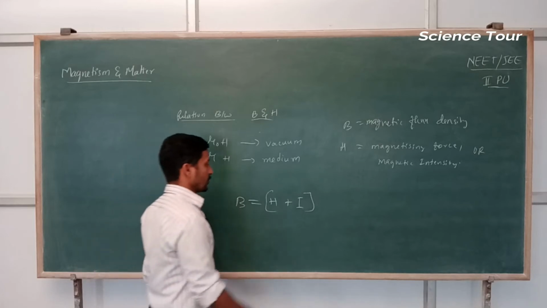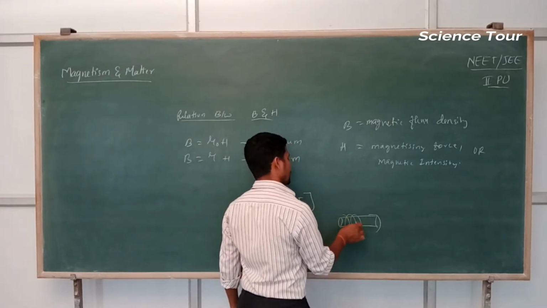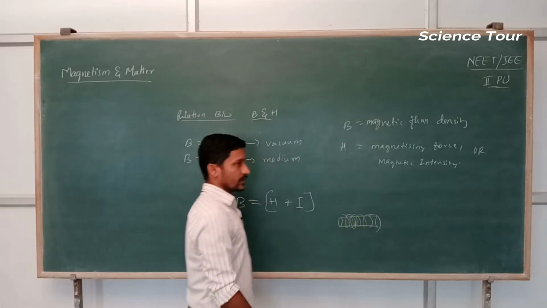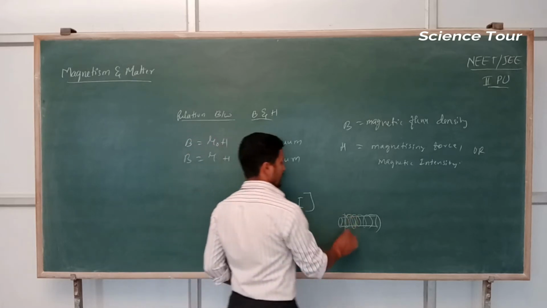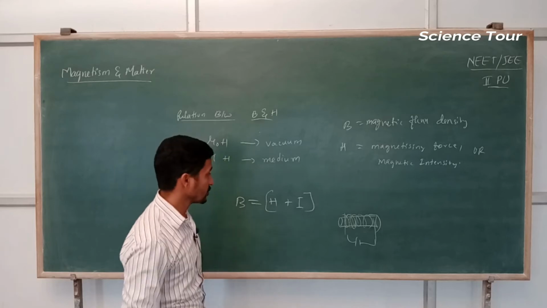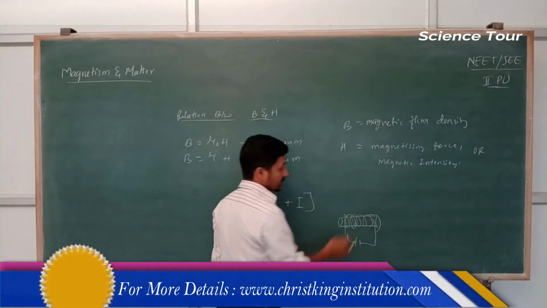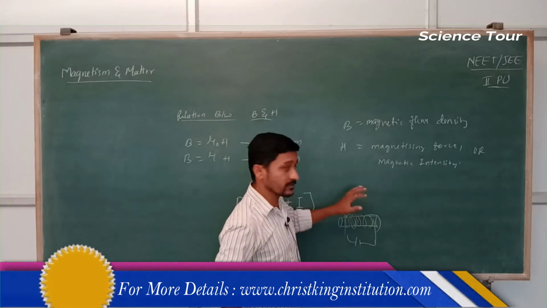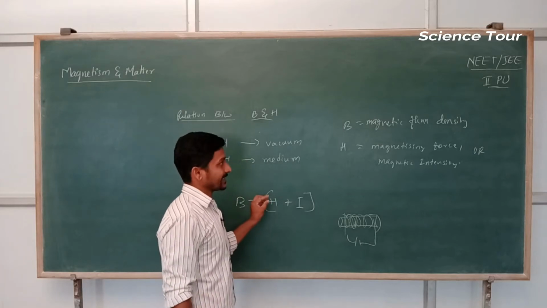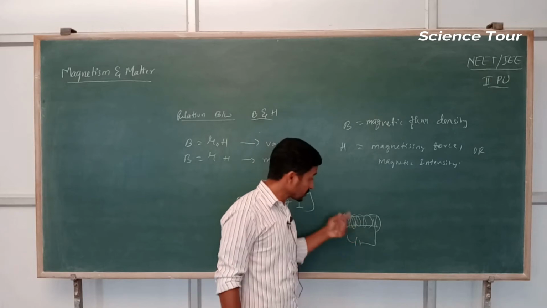We have already discussed in our regular classes that when a solenoid is there, you wind it with wire and pass the current. Because of the current, a magnetic field, the magnetizing force, is generated, and the solenoid behaves like a magnet.